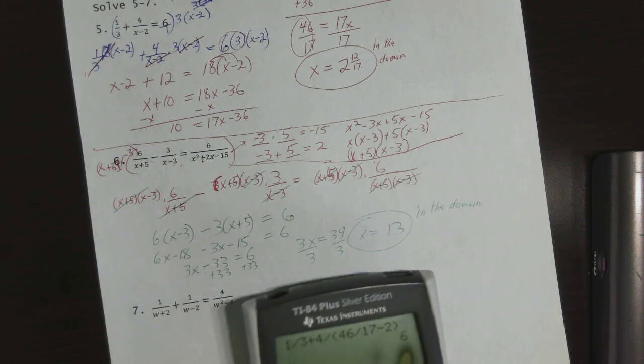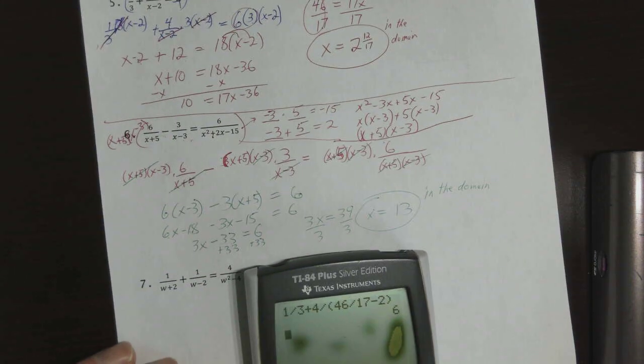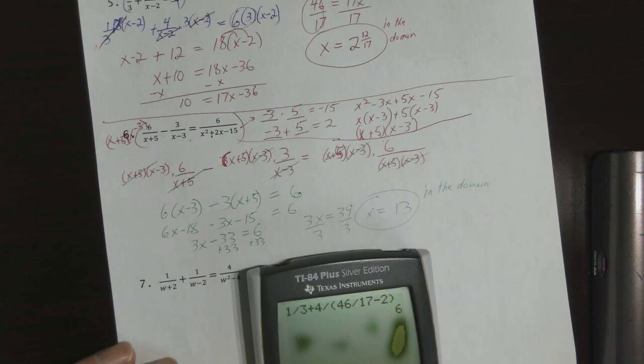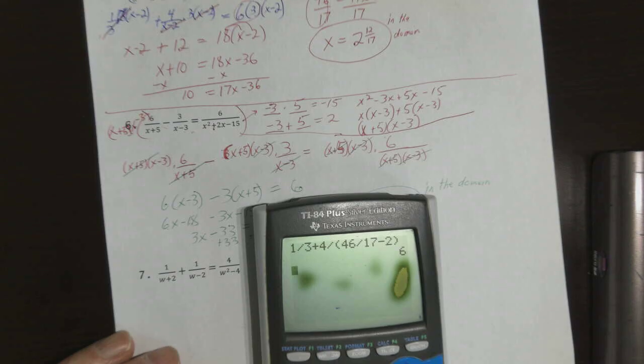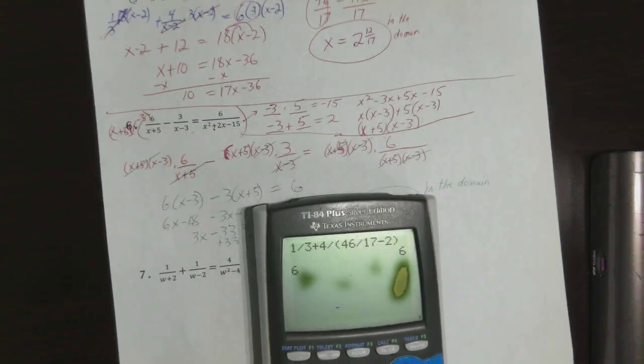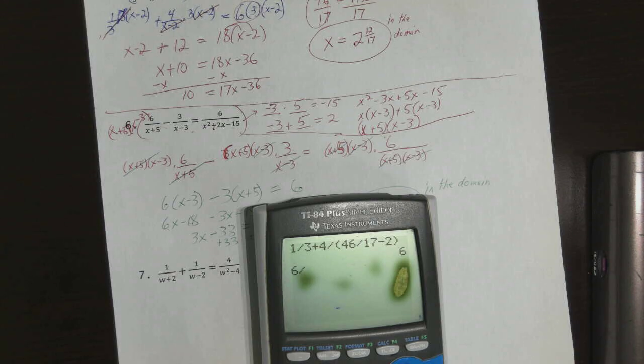So, let me do 6 divided by parentheses, x is 13, 13 plus 5 minus 3, divided by parentheses 13 minus 3.